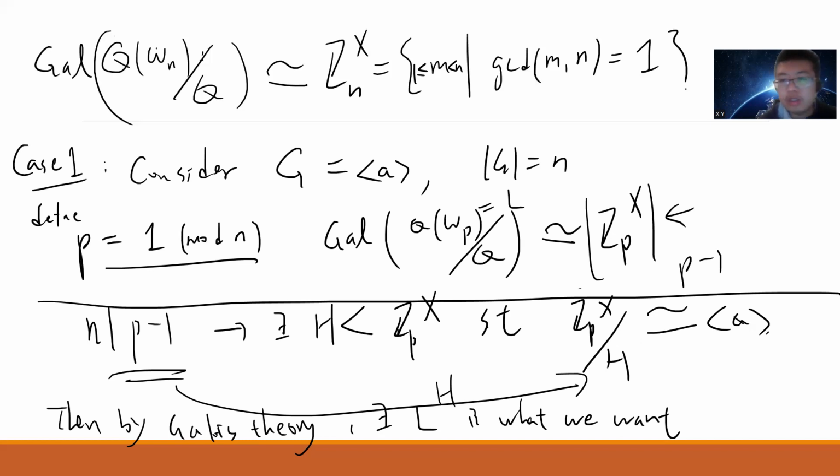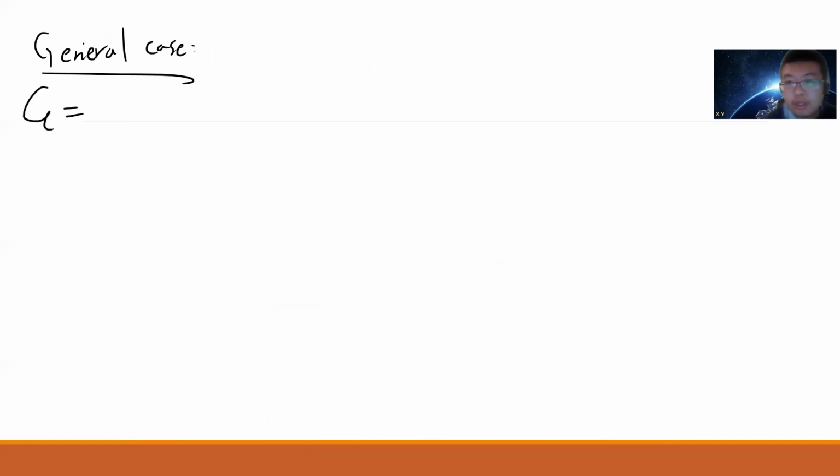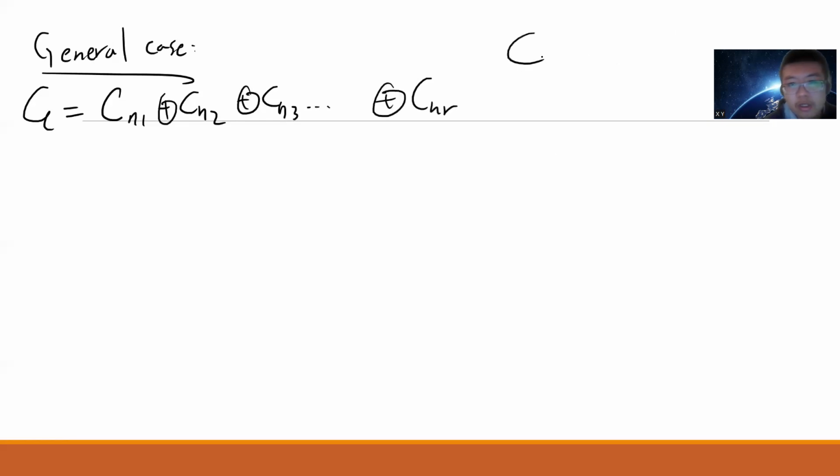Now we can consider the general case. Let G be a finite abelian group. A finite abelian group is a direct sum of cyclic groups, so we can write it as C_n1 direct sum C_n2 direct sum up to C_nr, where each C_ni is cyclic with order ni.